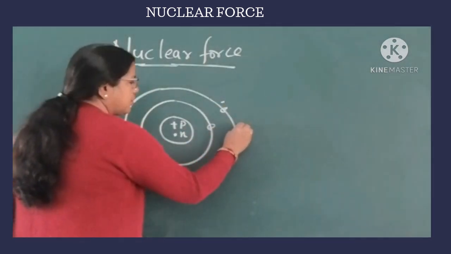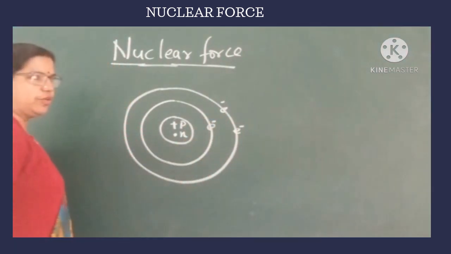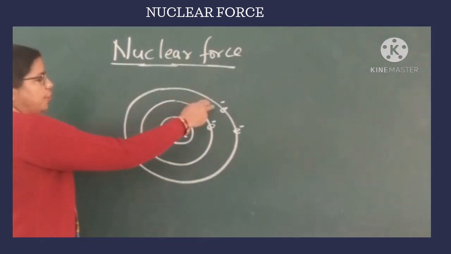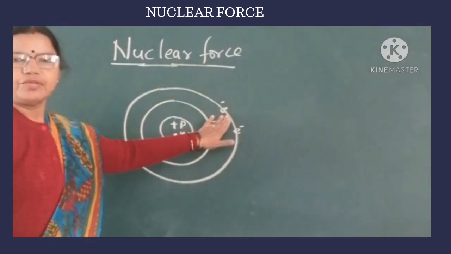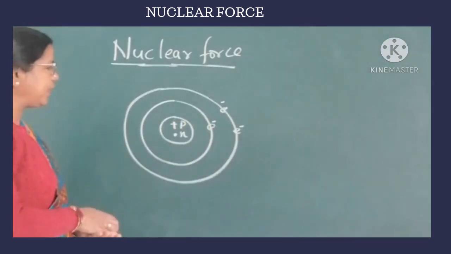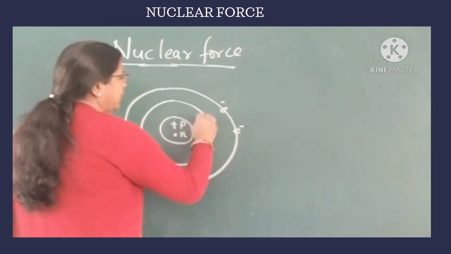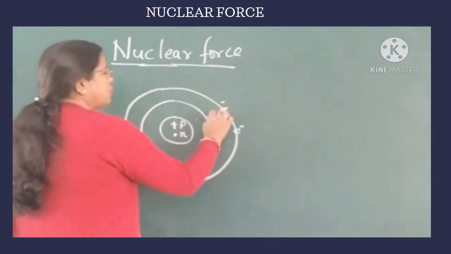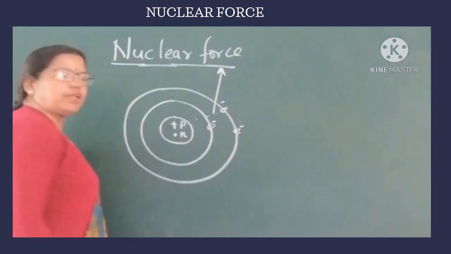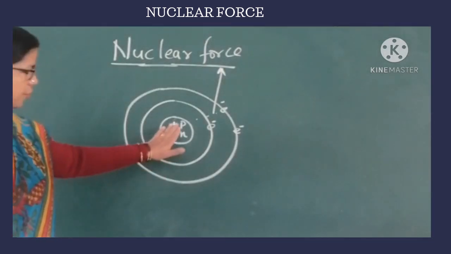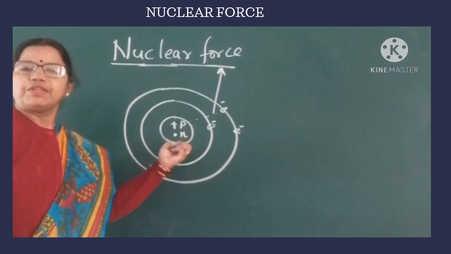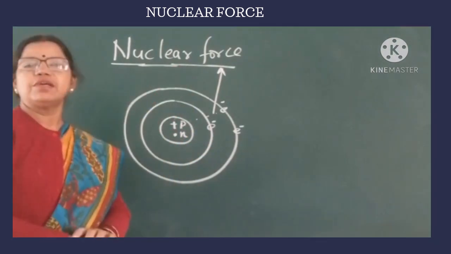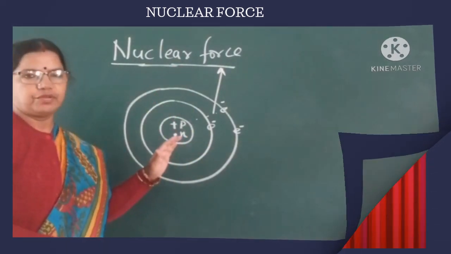There is a force of attraction between protons and electrons, which is called nuclear force. The protons present in the nucleus hold the electrons with some force. That force is known as nuclear force.